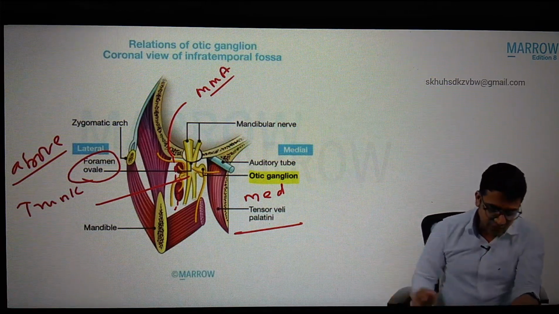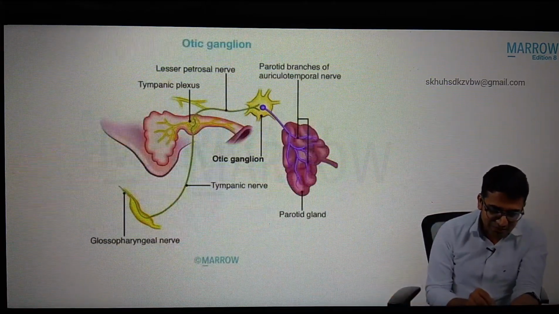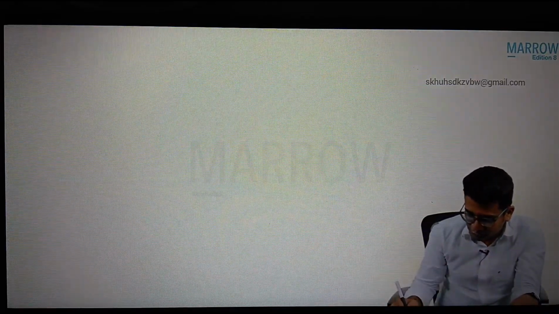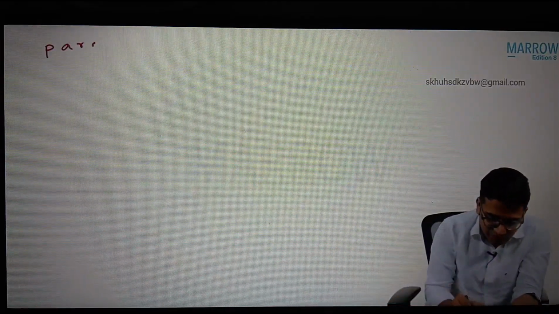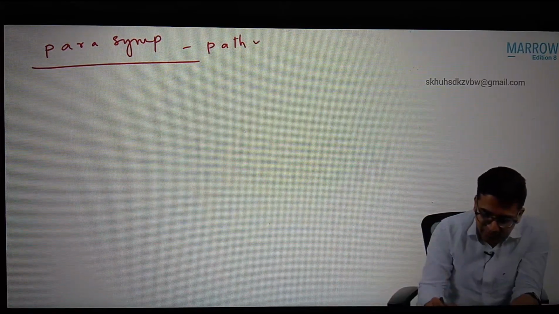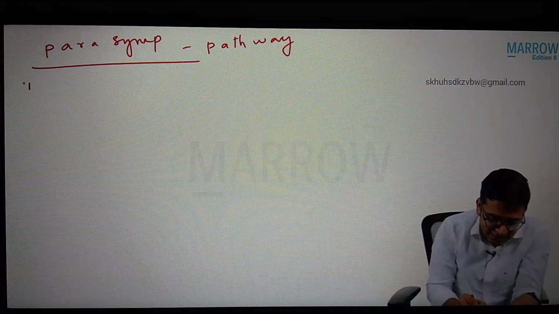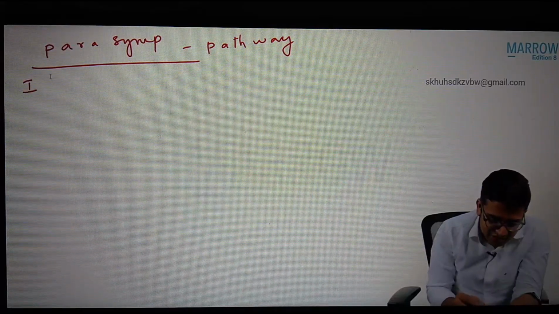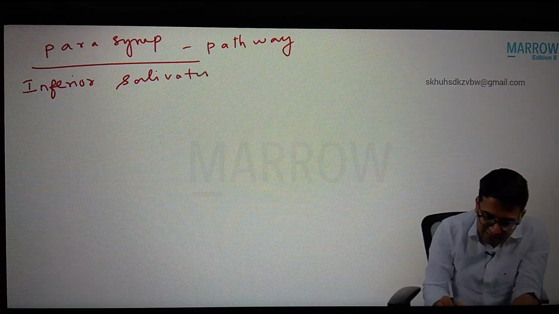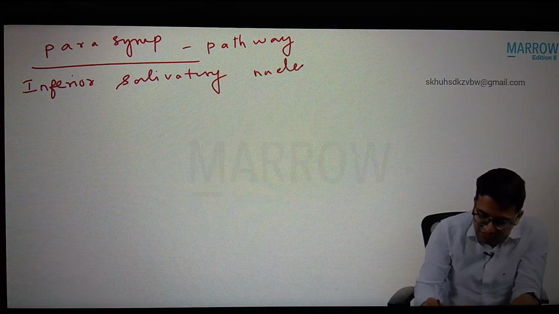Okay, right. Now, what is the parasympathetic pathway? We have to trace from the nucleus. So now, the parasympathetic pathway for the parotid gland. We have to start from which nucleus? Inferior salivatory nucleus.